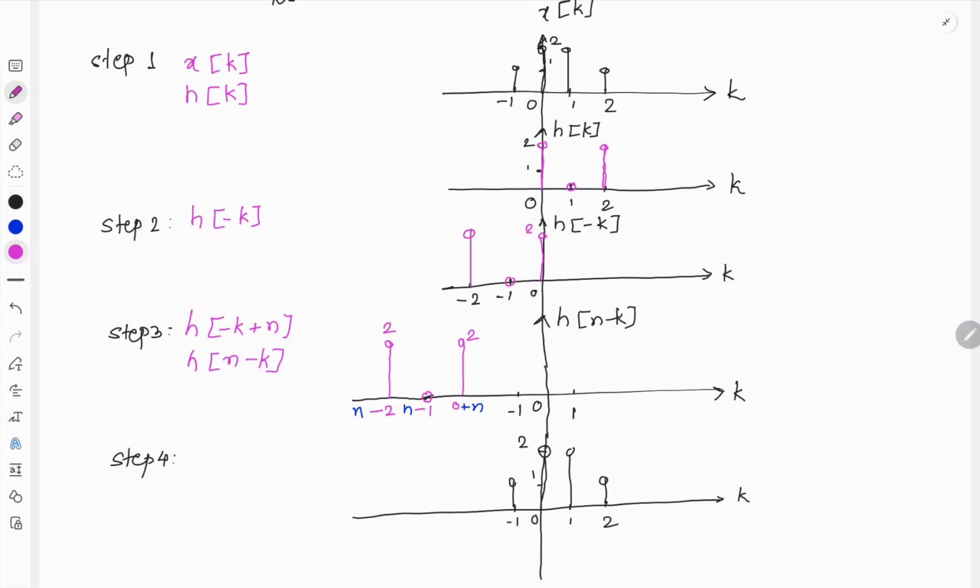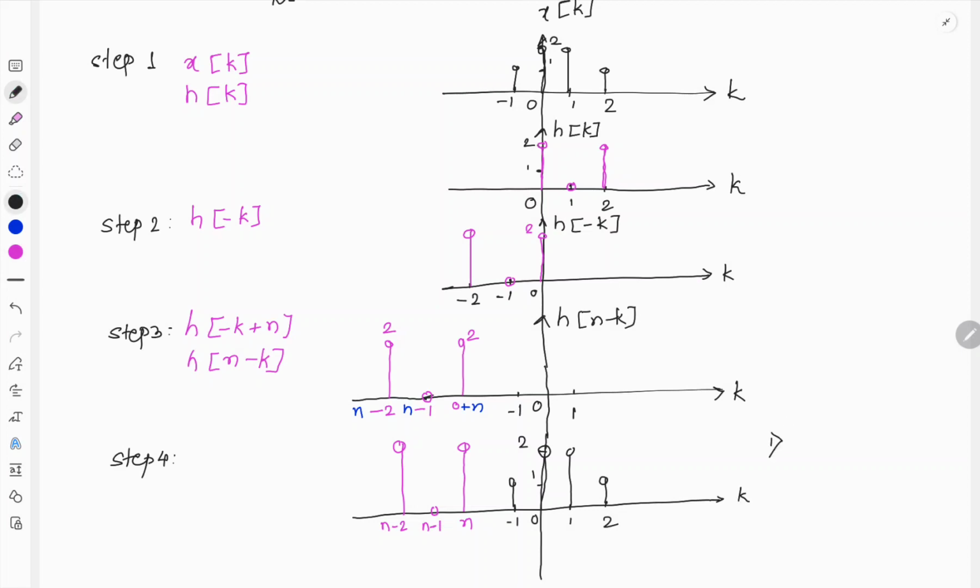Next we have the h of n minus k signal. So it is 2, 0, 2, and the corresponding coordinates are n minus 2, n minus 1, and n. So we have to find out the convolution sum.